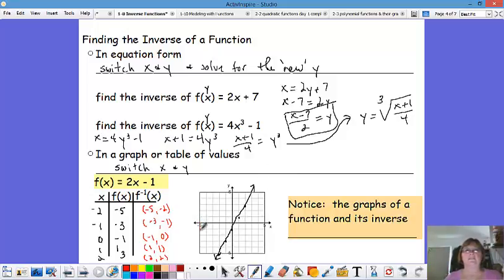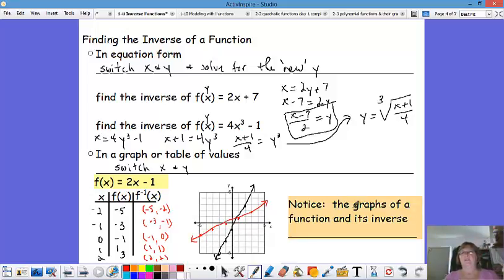When x is negative 5, y is negative 2. That's here. When x is negative 3, y is negative 1. X of negative 1, y of 0. Here's that 1, 1 that's on both. And then 3 and 2. So the inverse of our line is also a line.